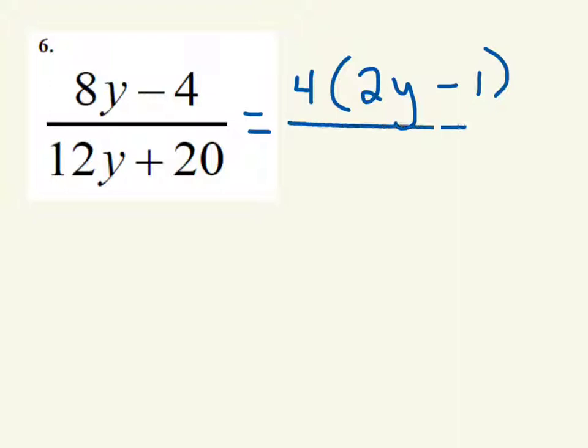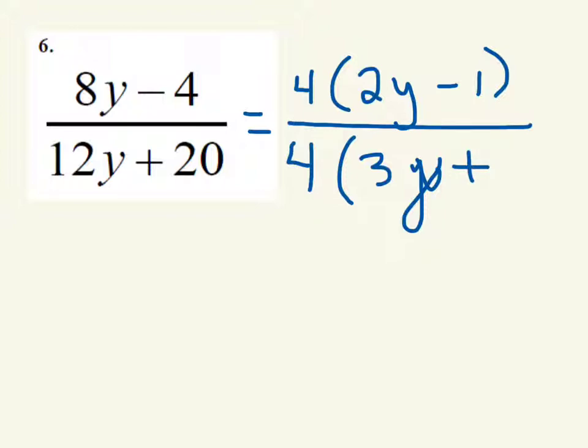In the denominator, notice that I've got this binomial 12y plus 20. They have a common factor of a 4 as well. Let's take that 4 out, and I'm left with a 3y plus 5. Now I've got two factors in the numerator, a 4 times a 2y minus 1. In the denominator, two factors, a 4 and a 3y plus 5.